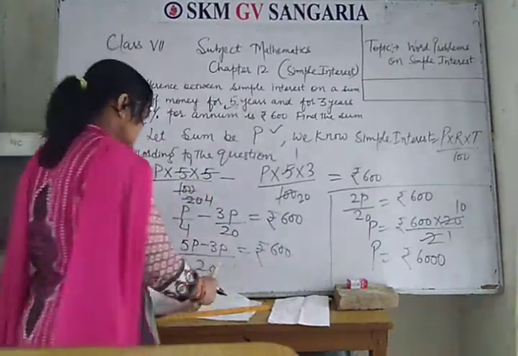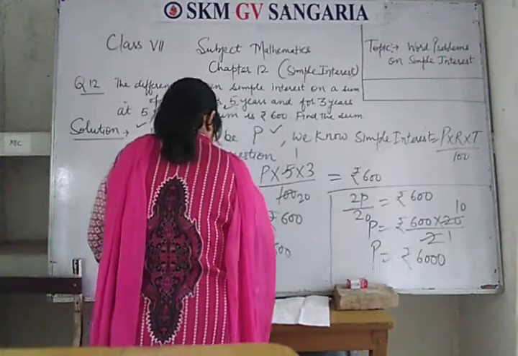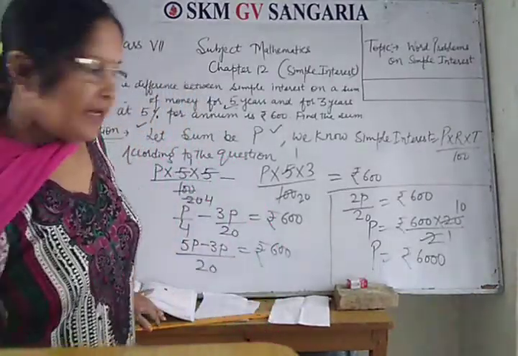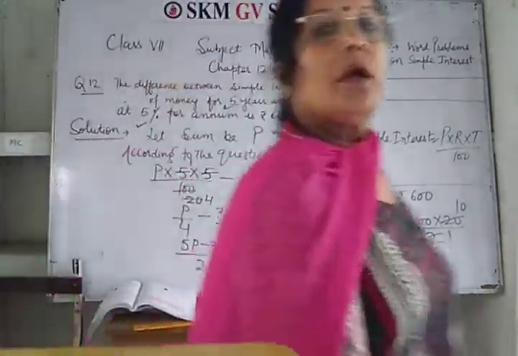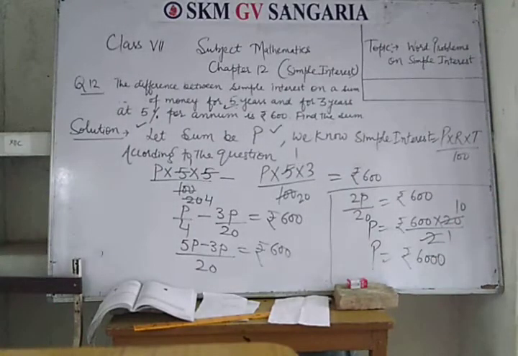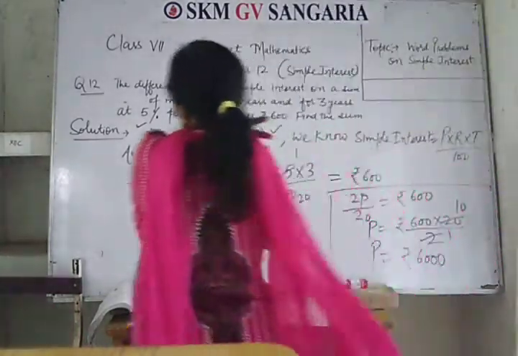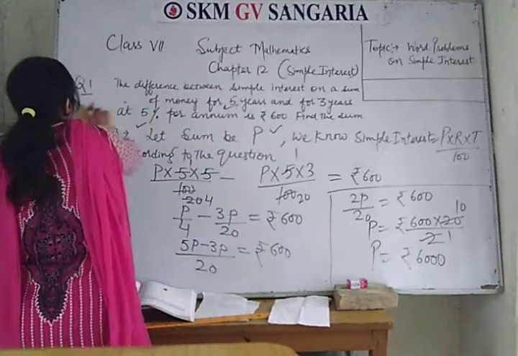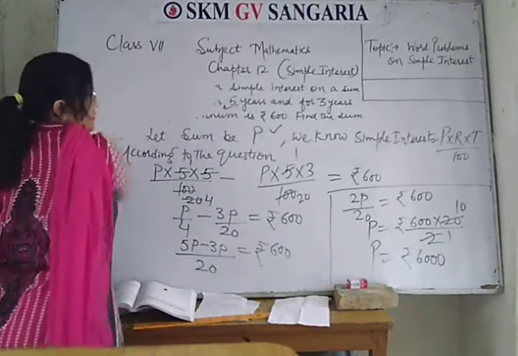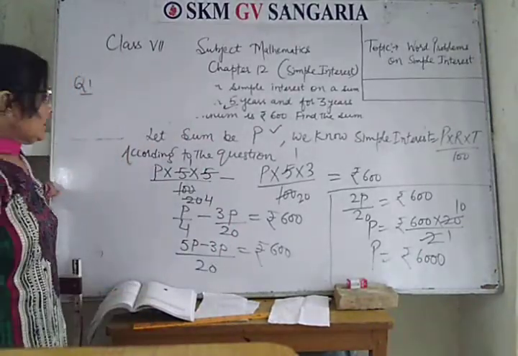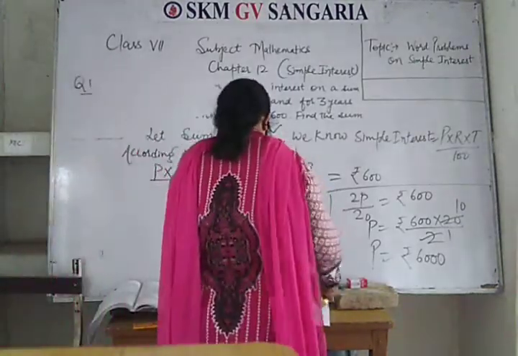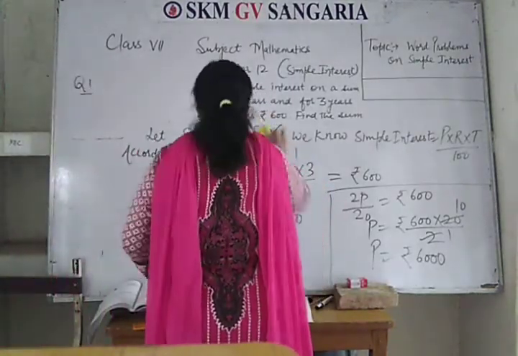So let's solve this problem. Here A is equal to how much? Amount is given to us. I think you have done this question. Amount is given to us. How much?